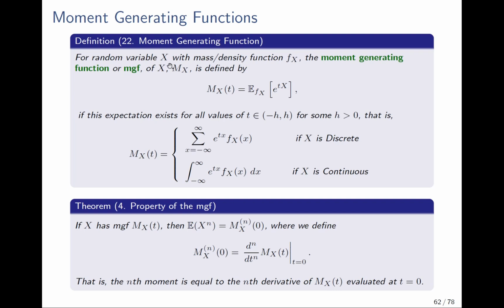So the definition here: for a random variable x with a mass or density function fx, the moment generating function is defined as that quantity there. It's the expected value of e to the power t x. So remember, by the rules of expectation, this must take this form in the discrete case and this form in the continuous case.